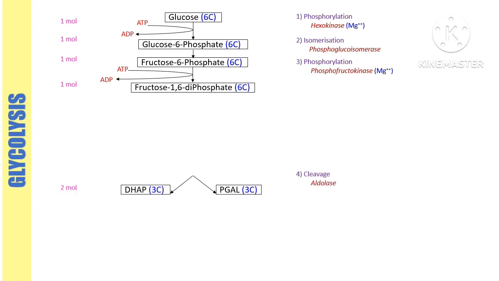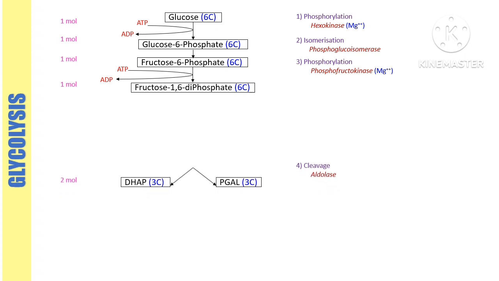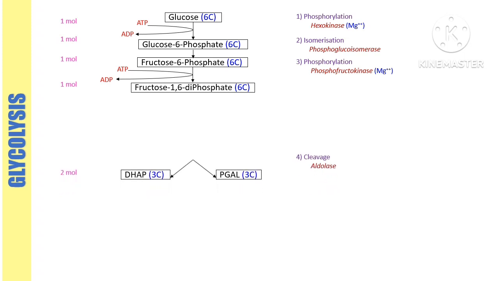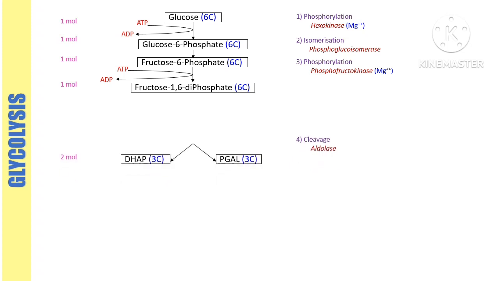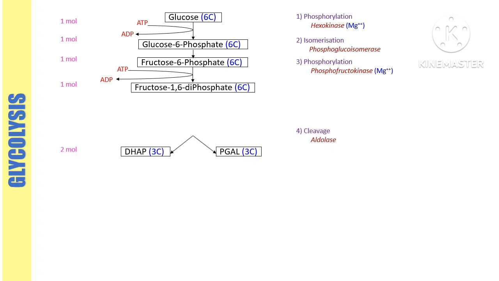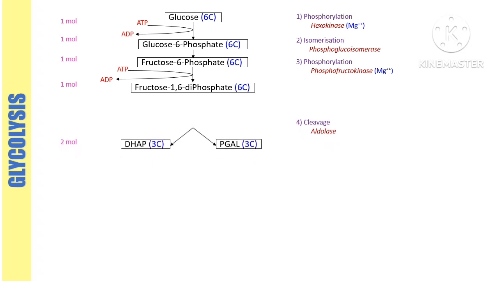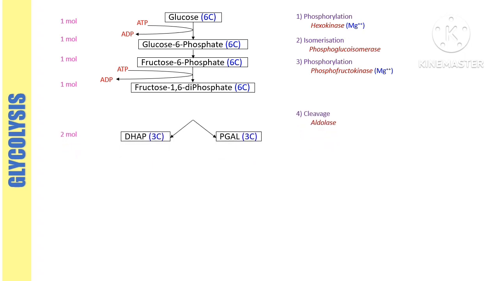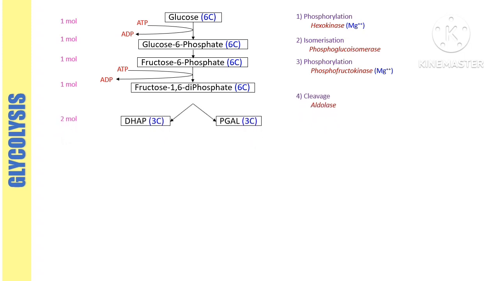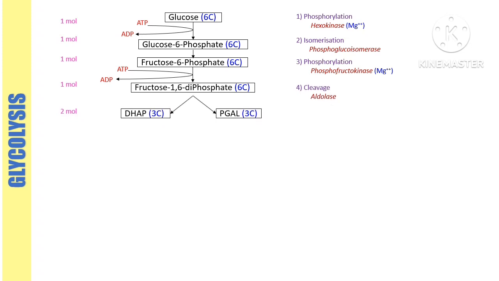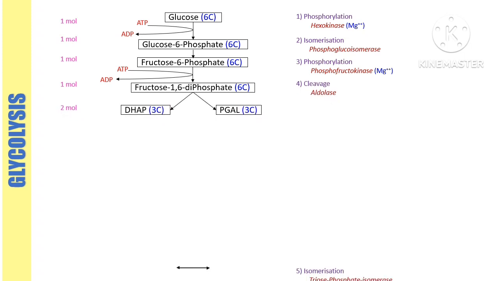These are isomers of each other, hence DHAP readily converts into PGAL. Hence we get 2 molecules of PGAL, that is phosphoglyceraldehyde. Then all the reactions take place on the phosphoglyceraldehyde.